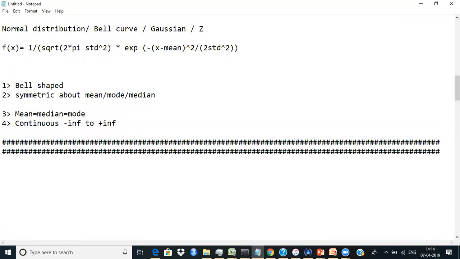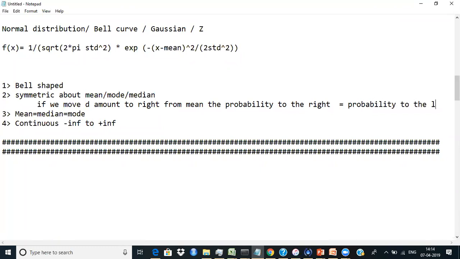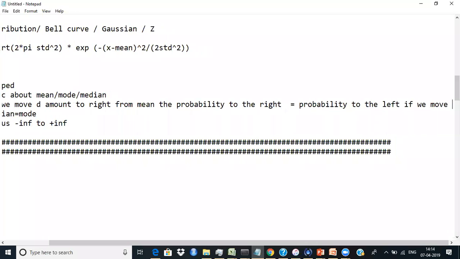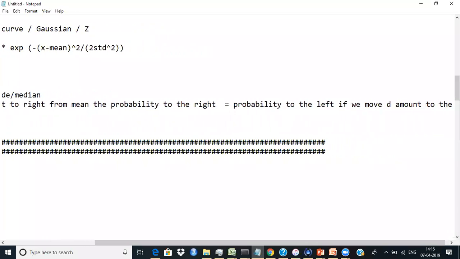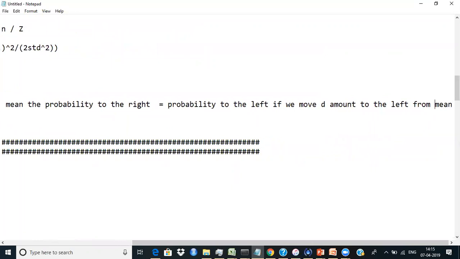As a consequence of symmetry, if we move D amount to the right from the mean, the probability to the right of that point is exactly equal to the probability to the left of the point if we move D amount to the left from the mean.